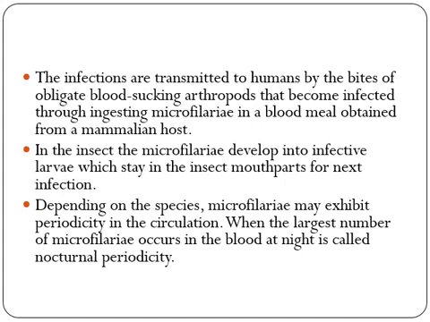Depending on the species, microfilariae may exhibit periodicity in the circulation of the human host. When the largest number of microfilariae occur in blood at night, it is called nocturnal periodicity. If they are present in the daytime, we call it diurnal periodicity.